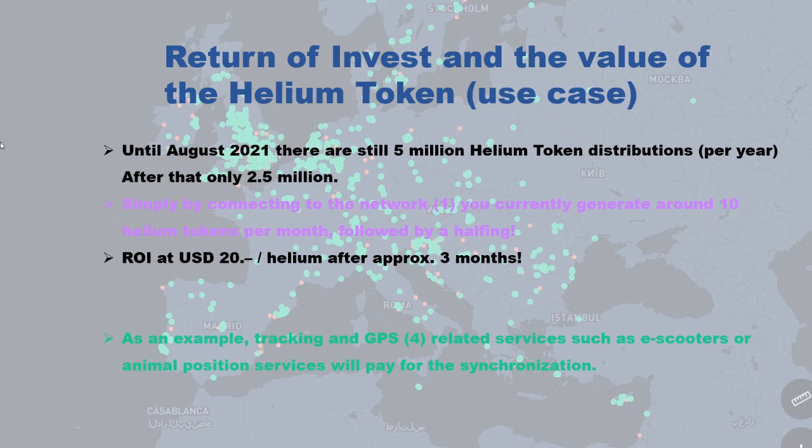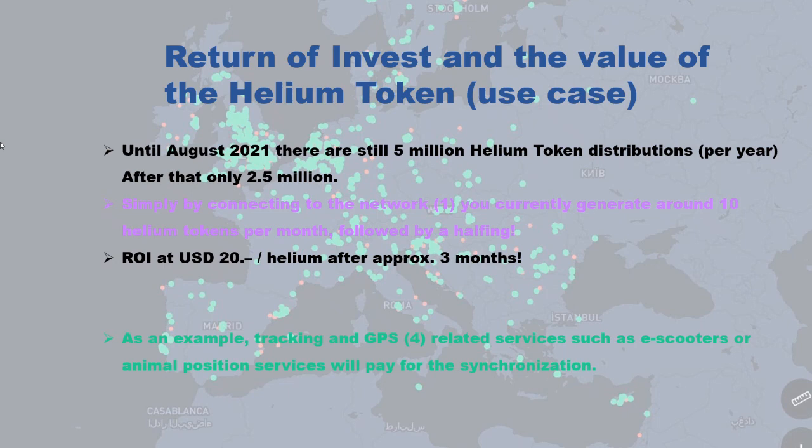So you have $20 on, let's say, 100 Helium tokens a month. You get $2000, and I think that would be pretty helpful for you in the beginning.